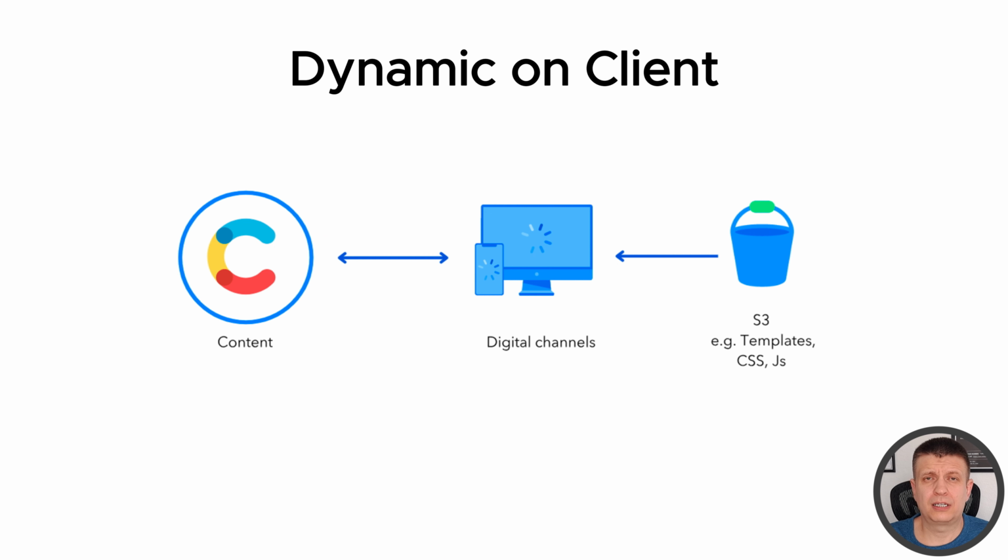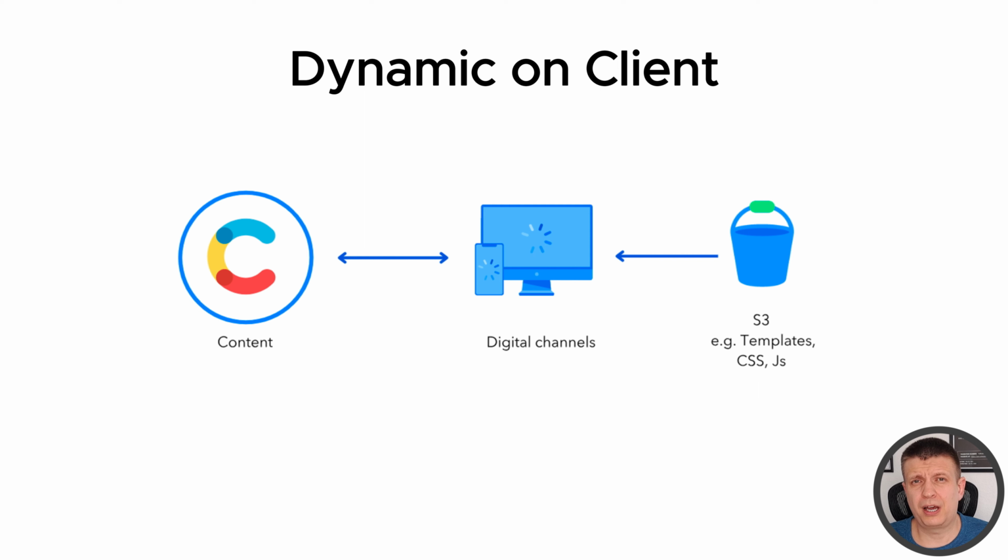A third content delivery method is dynamic on the client. So basically, you have a single page application that runs on your client, the web browser, and then that application just hits the Contentful API, right? So every request that the client makes is not cached or anything, it just goes straight to the Contentful API.